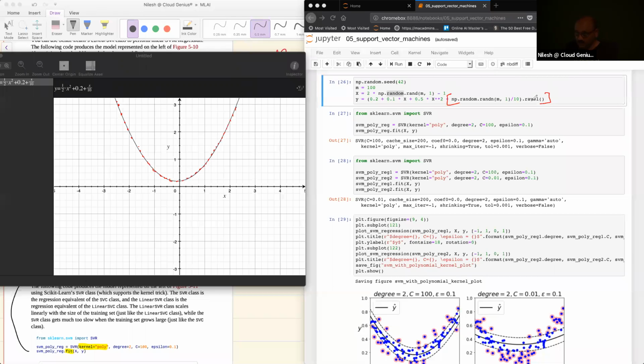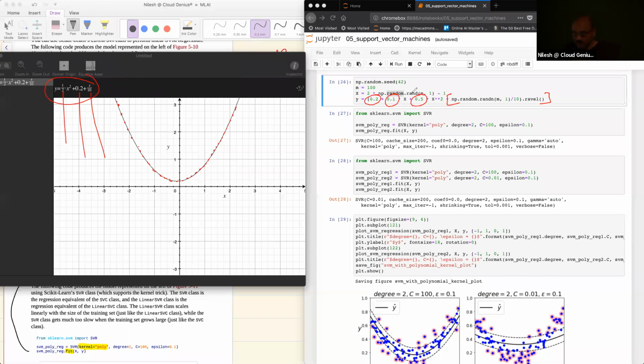But I want some semblance of data which has some noise built in. Otherwise, it's so mathematically accurate that I can just use this as my function, and the algorithm will detect that. If you have perfect data, it will detect exact parameters and come up with these expressions that evaluate to 0.2, 0.1 and 0.5, and be able to guess it accurately, with mathematical precision, which is not the case with real world data.